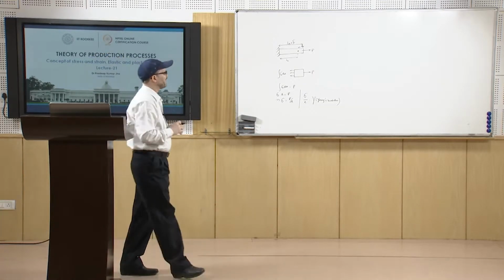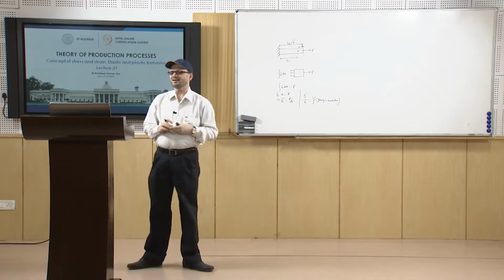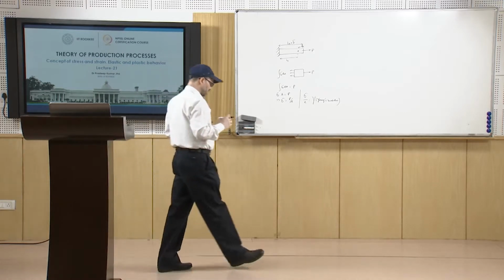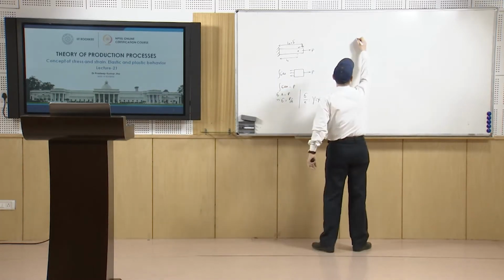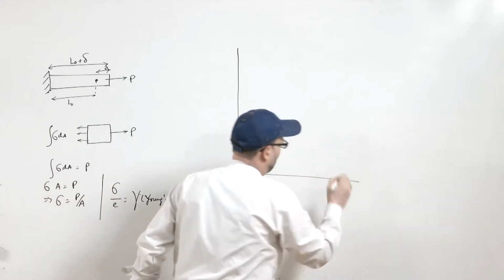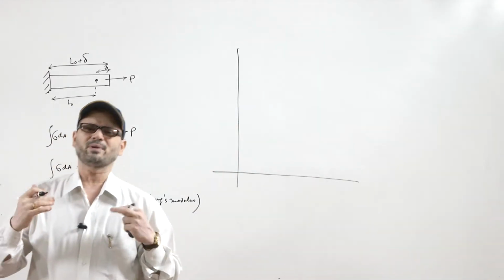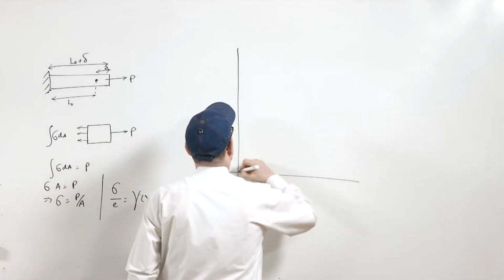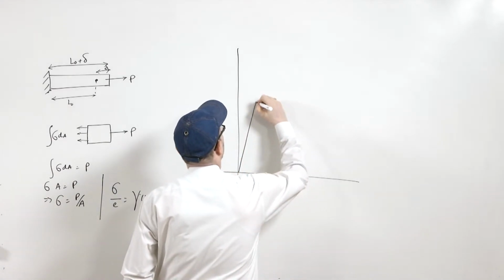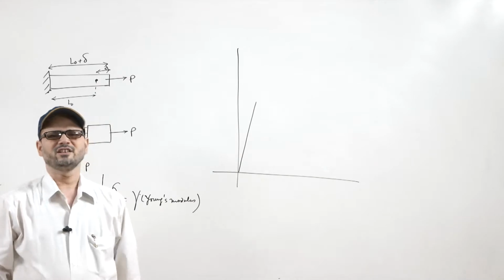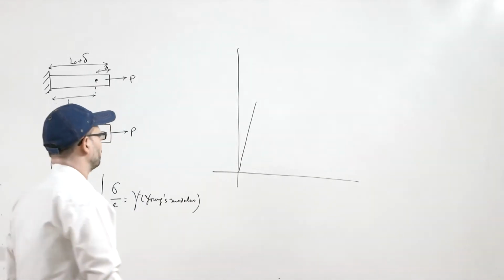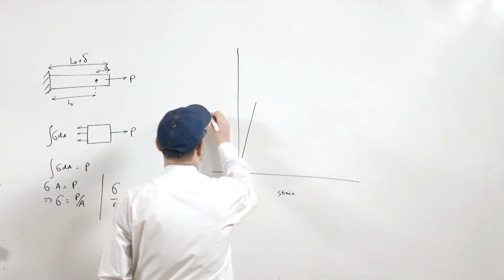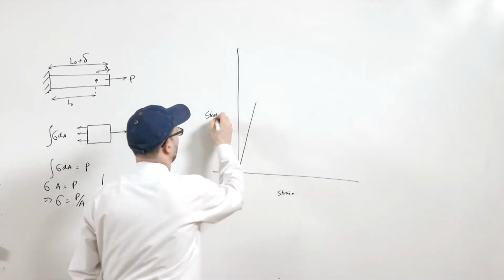So, if you look at the tensile deformation of a ductile material, let us say you apply the force. What happens once you apply the force is that there will be a zone up to which you will have linear deformation. So, this is your strain and this is your stress.